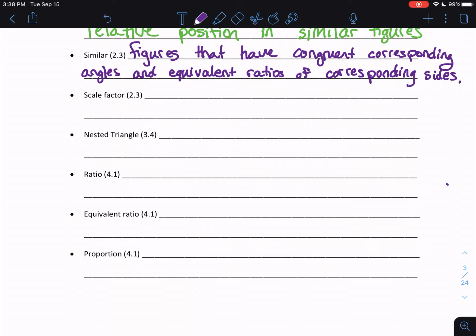All right, and that's not anything new. We've been talking about what it means for two figures to be similar since the first day of this unit. But now we have officially defined it.